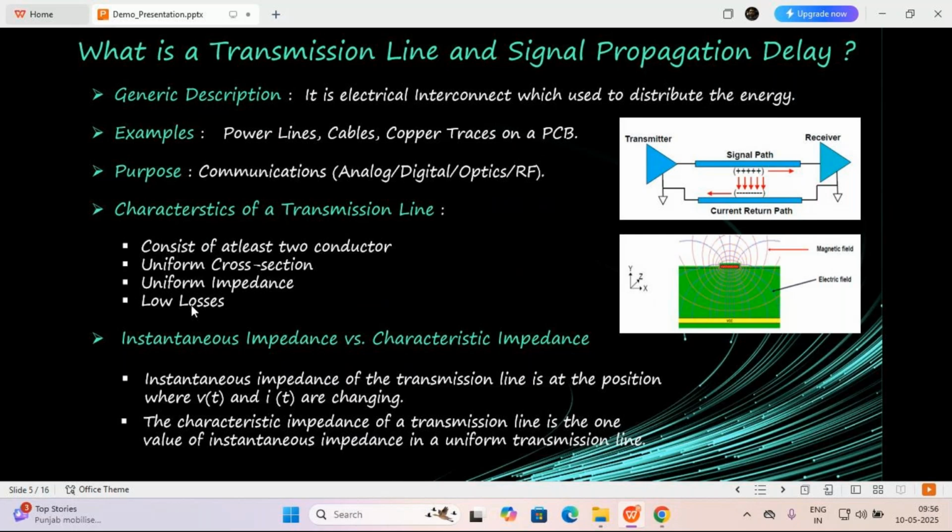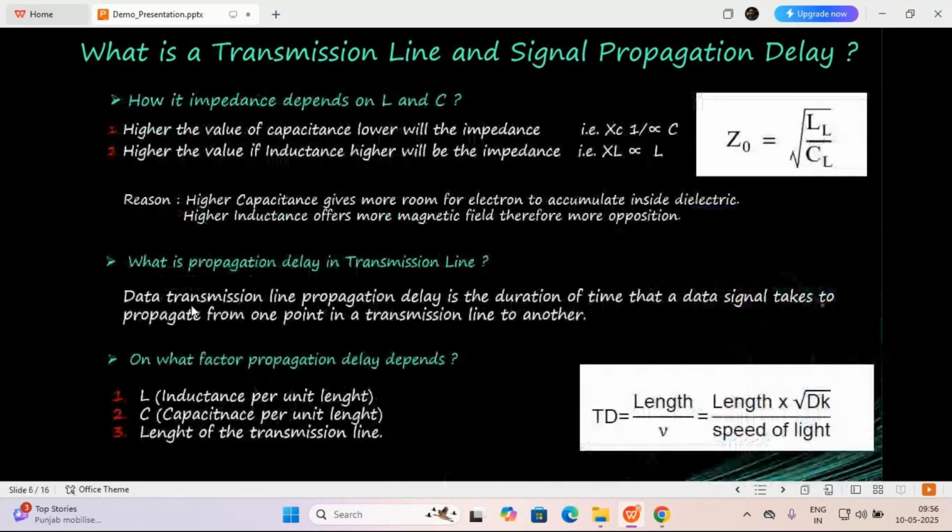These are the standard values of characteristic impedance which we generally use to design the transmission line. Okay, now next, what is the impedance of a transmission line and how does it depend? Just now we saw what the characteristic impedance is. So now on what factors does that impedance depend?